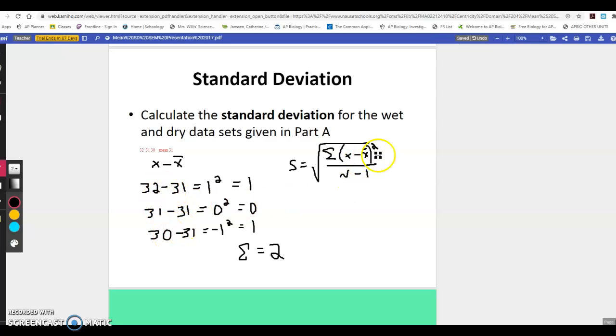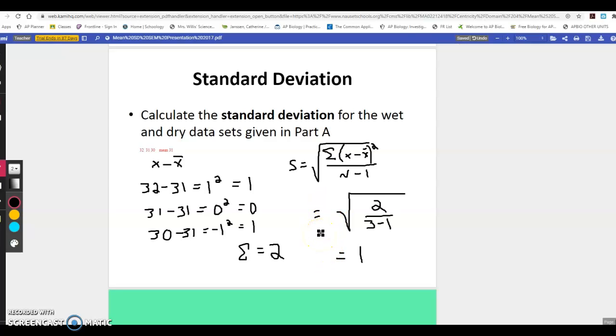So we had 3 values, so our n value is 3. So this is equal to the square root of 2, because that was our sum that we got here, over 3 minus 1. So 2 divided by 2 is 1 in the square root. So our standard deviation is 1.